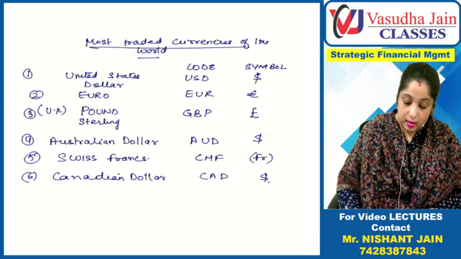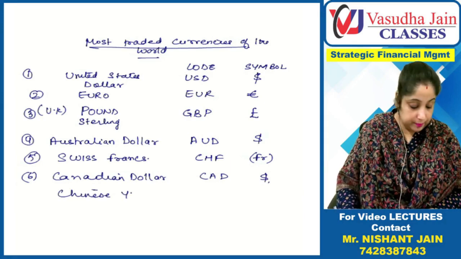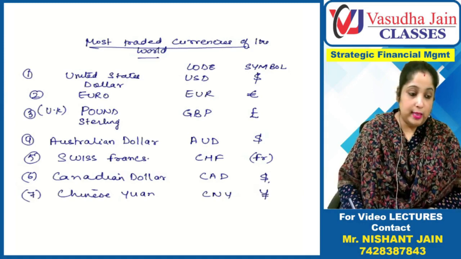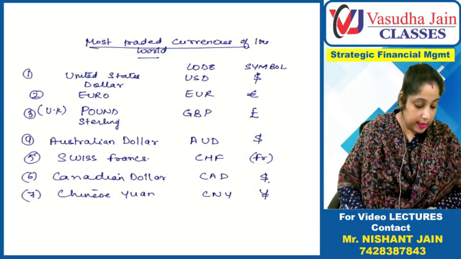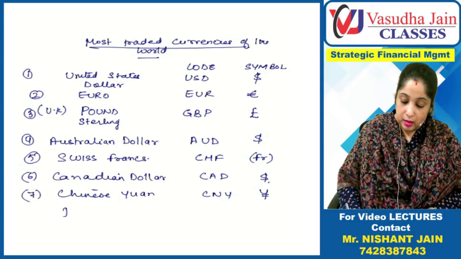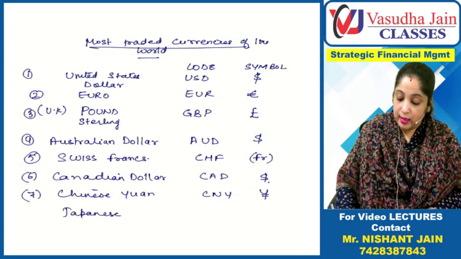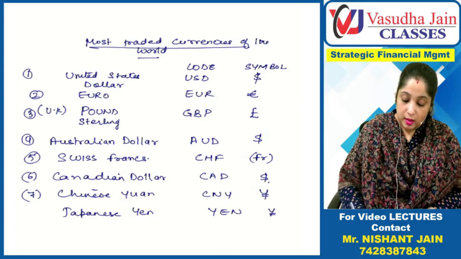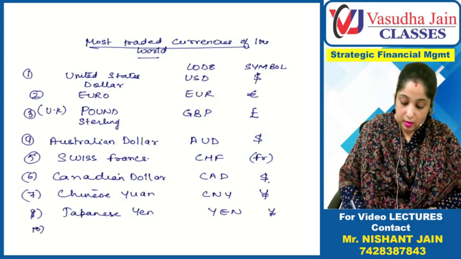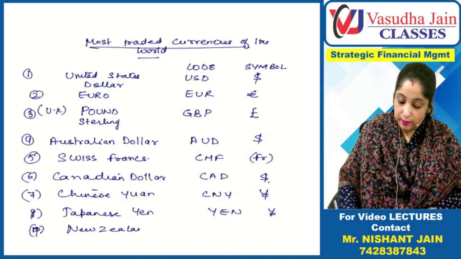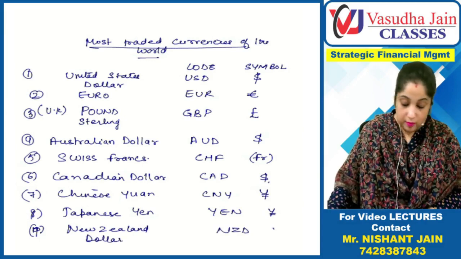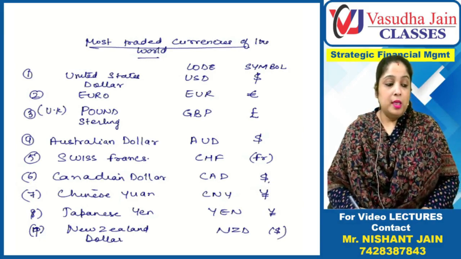Then there is Chinese yuan, CNY. The symbol I told you is like that for Japan only. Then there is Japanese currency yen. Then the ninth currency, New Zealand dollar, again it is a dollar, NZD. So these are the few currencies.